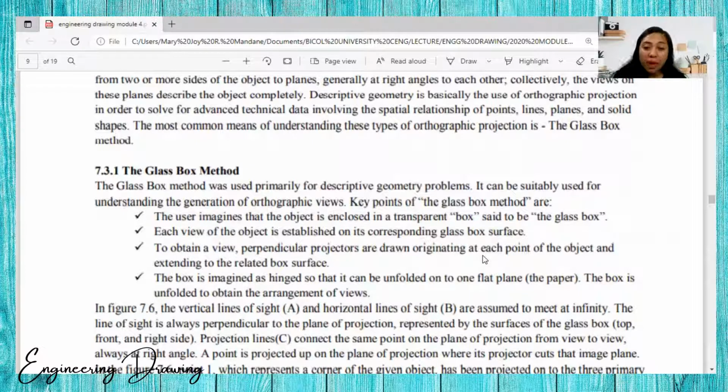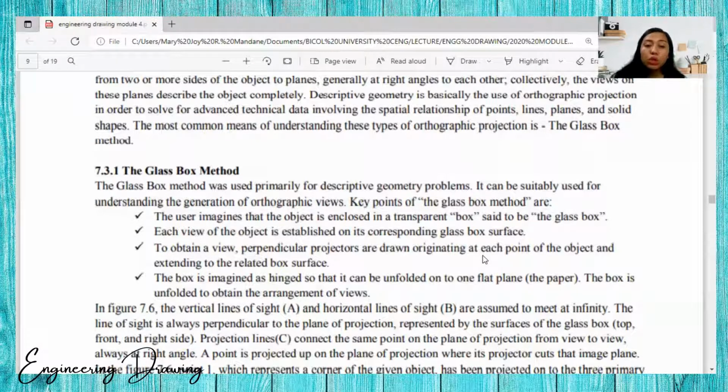First, the user imagines that the object is enclosed in a transparent box, said to be the glass box. Two, each view of the object is established on its corresponding glass box surface. To obtain a view, perpendicular projections are drawn originating at each point of the object and extending to the related box surface.